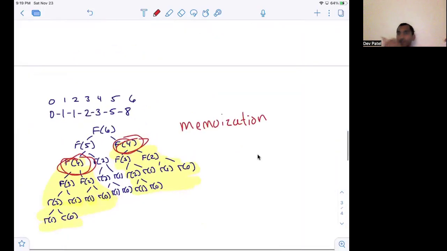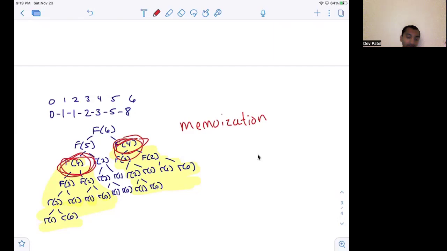The Fibonacci sequence is a perfect example. It's storing these intermediate results such that our algorithm doesn't need to recompute unnecessary computations. So in this case, if we've already calculated f of 4, we don't want to recalculate f of 4.